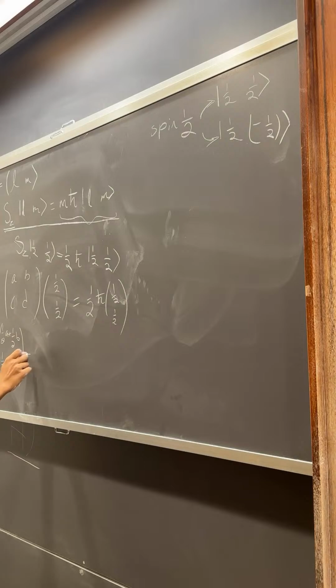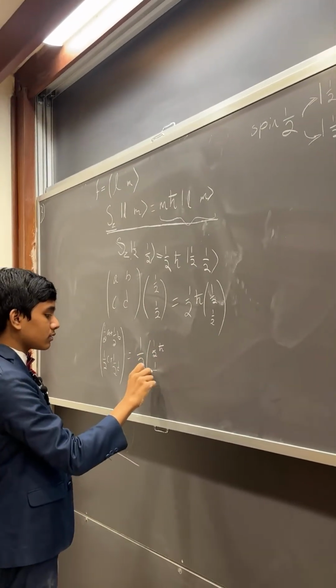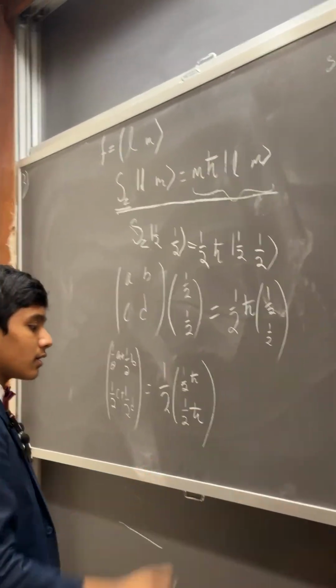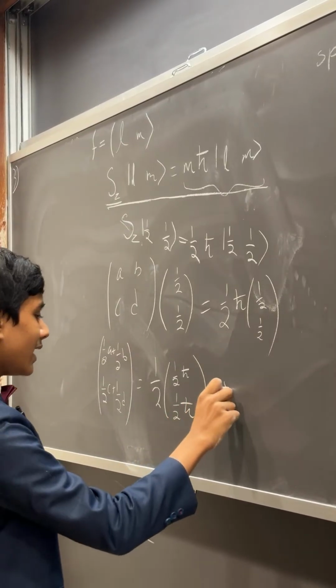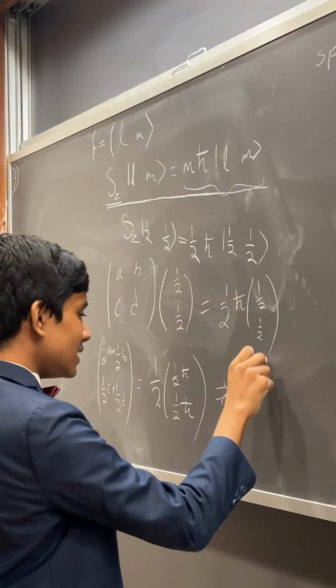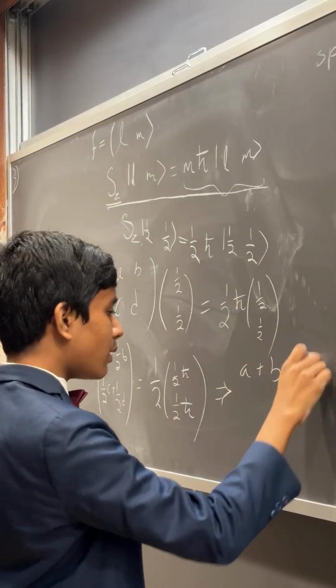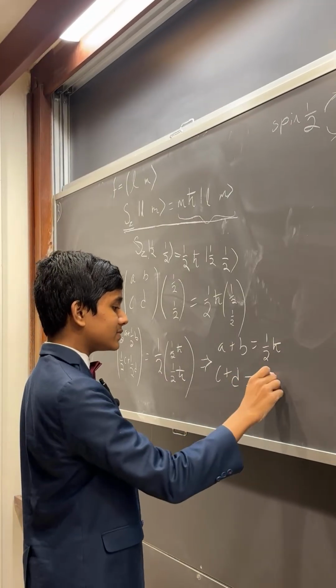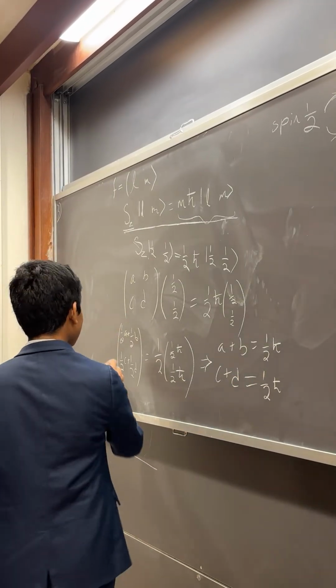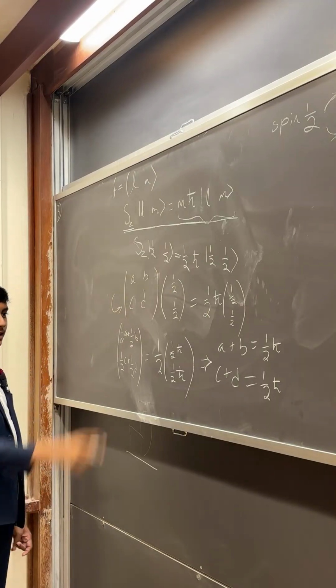And so that's going to be equal to half h bar over and half h bar, which means that things are going to get a little bit trickier, because you now get that a plus b has to be equal to half h bar, and c plus d also has to be equal to half h bar, which means that this matrix could be anything.